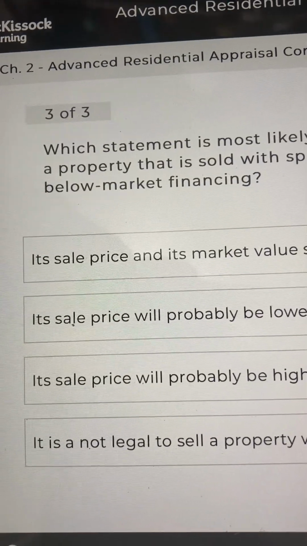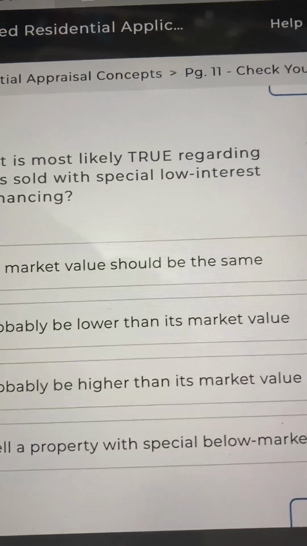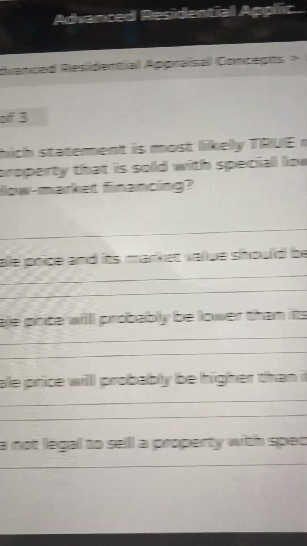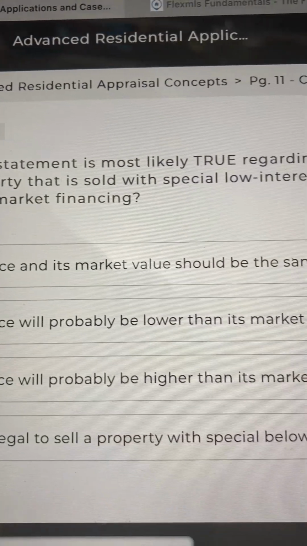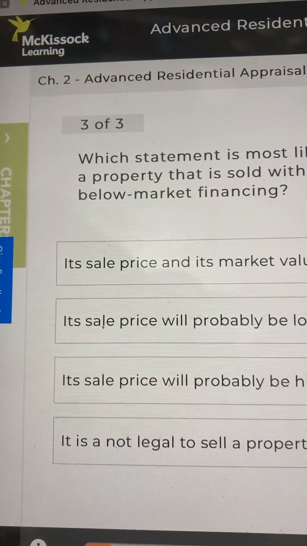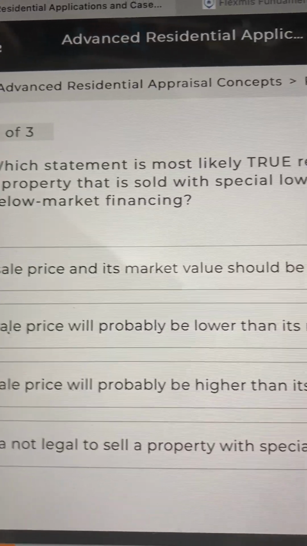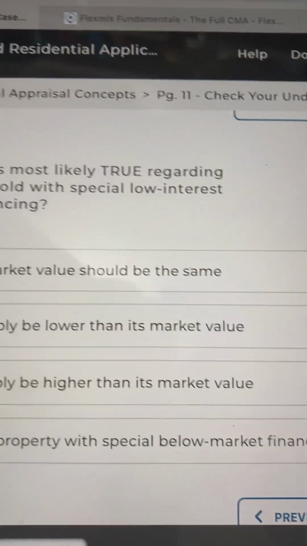B, its sale price will probably be lower than its market value. C, its sale price will probably be higher than its market value. Or D, it is not legal to sell a property with special below market financing.